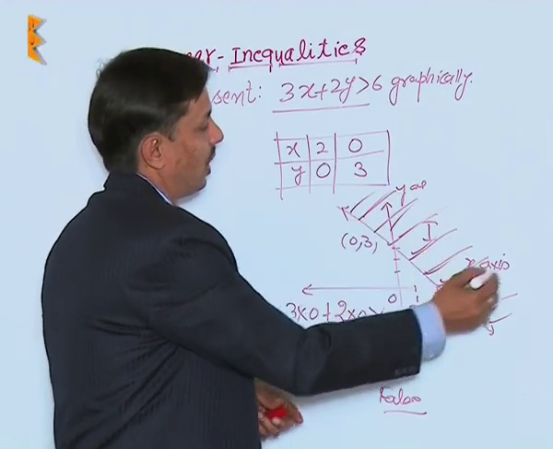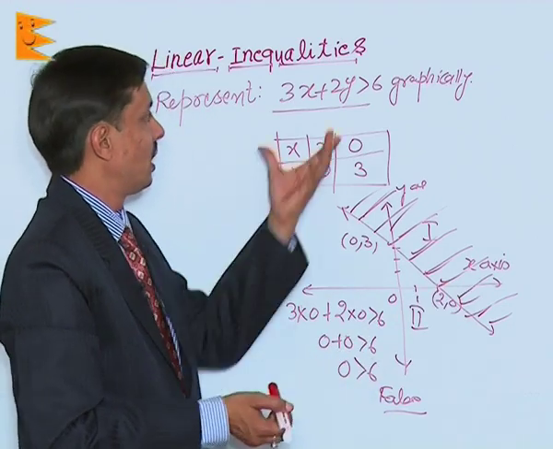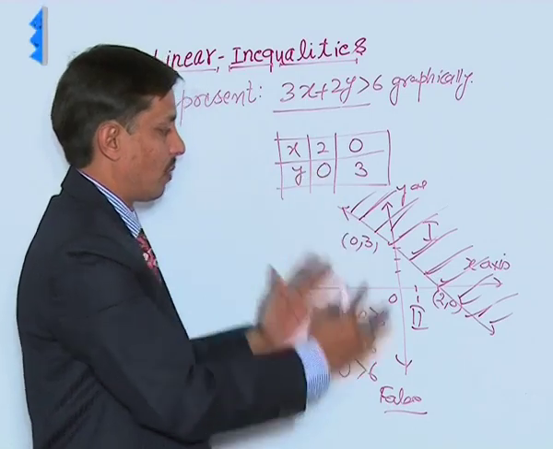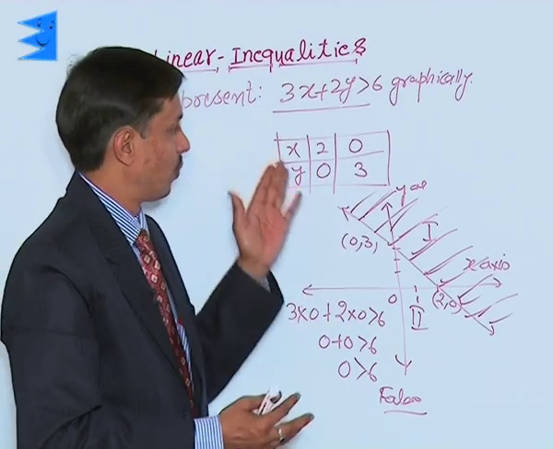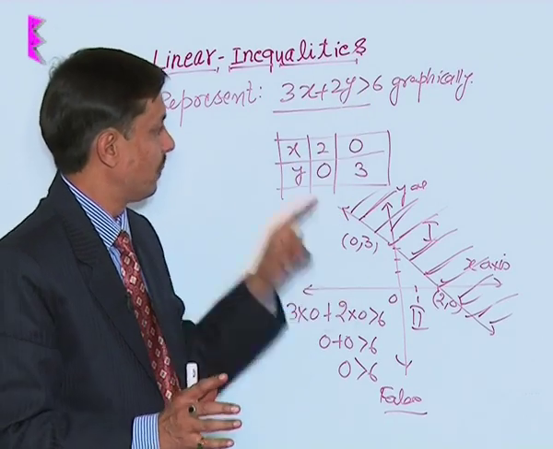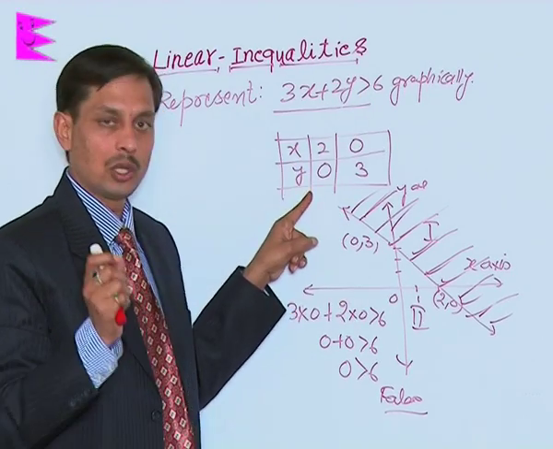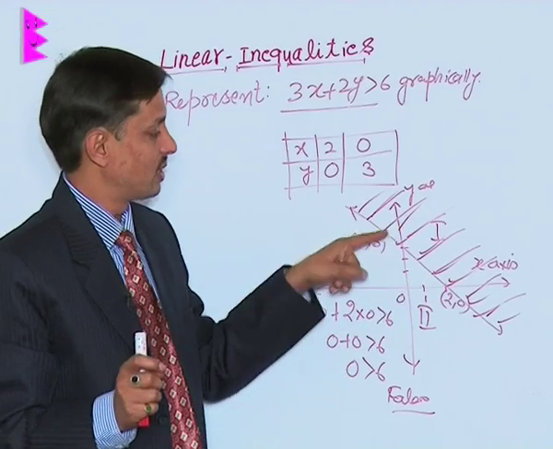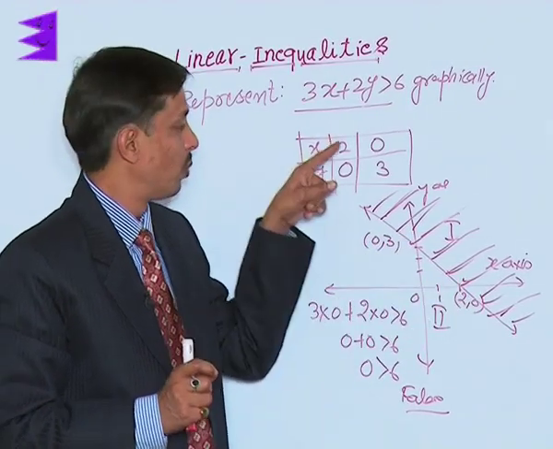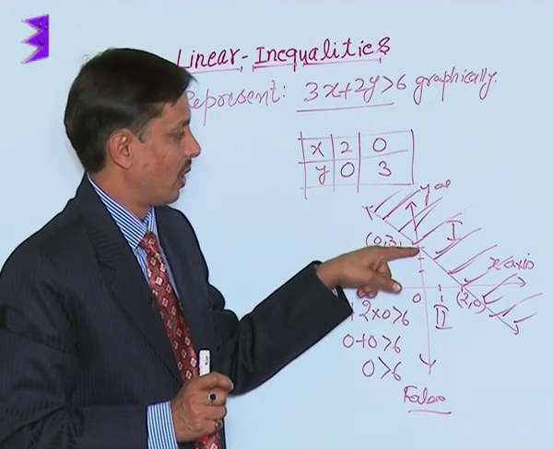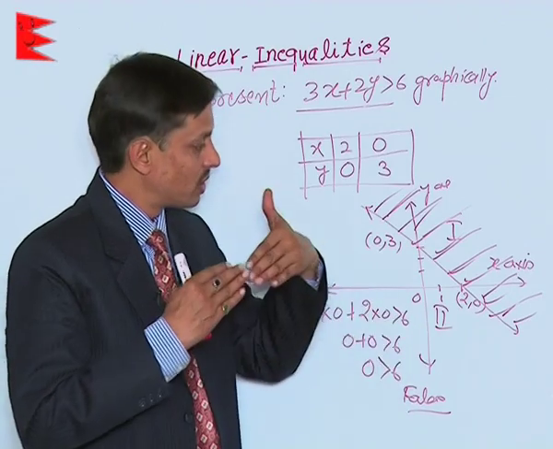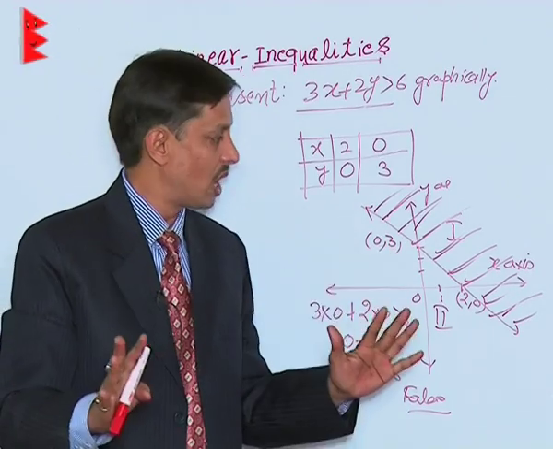So this is the way of representing any inequality in the xy plane. First, take it as an equality, not an inequality. Make a table, that is, find two points, one on the x-axis and the other on the y-axis. For getting a point on the x-axis, put y = 0. For getting a point on the y-axis, put x = 0. Obtain the line which separates the xy plane into two halves.